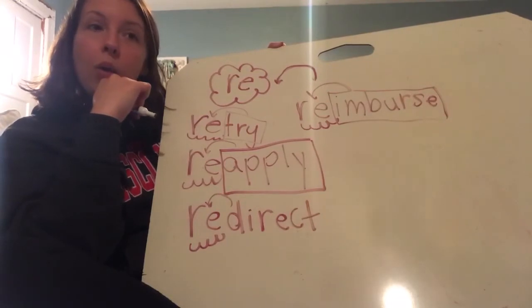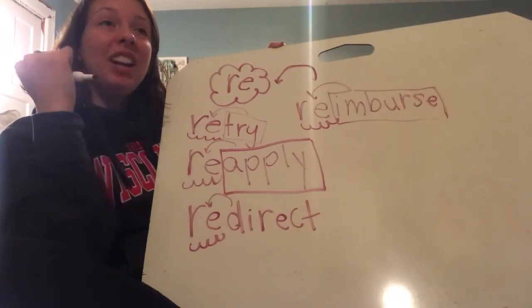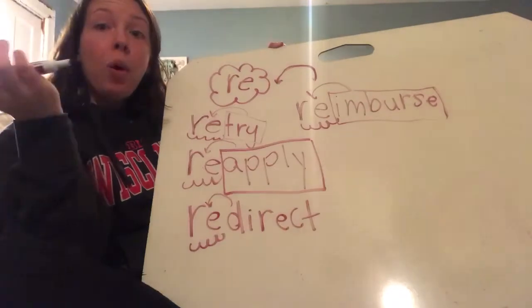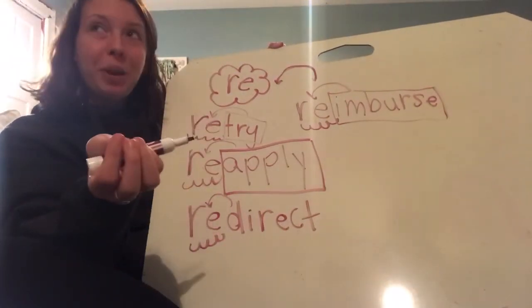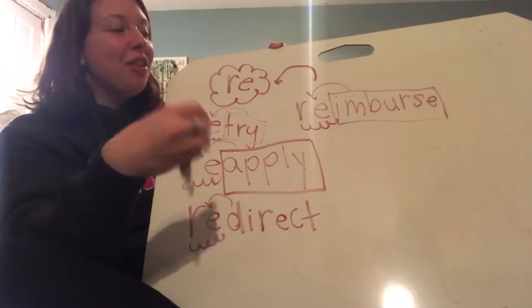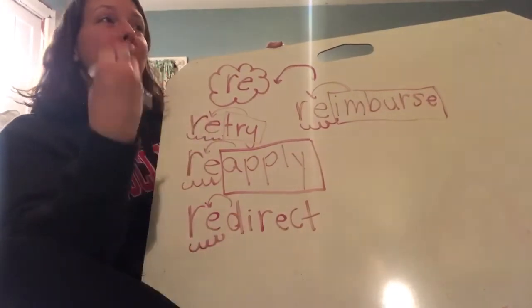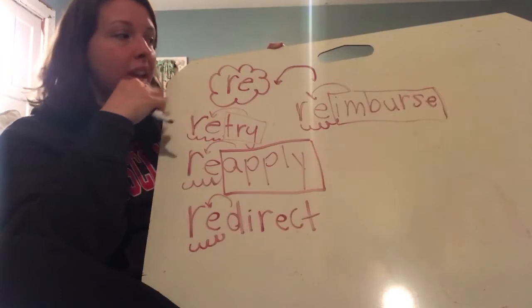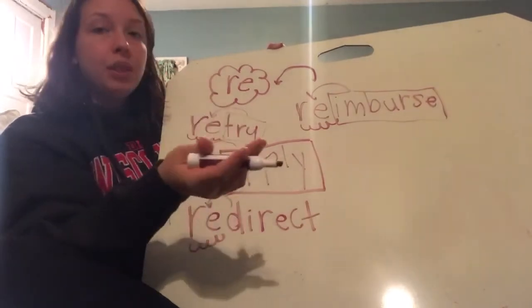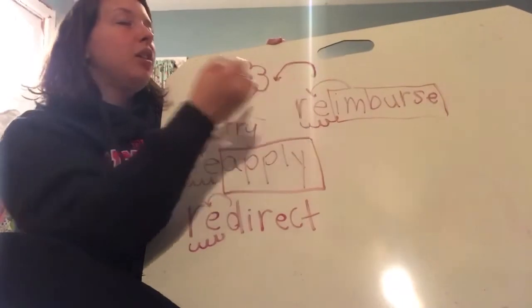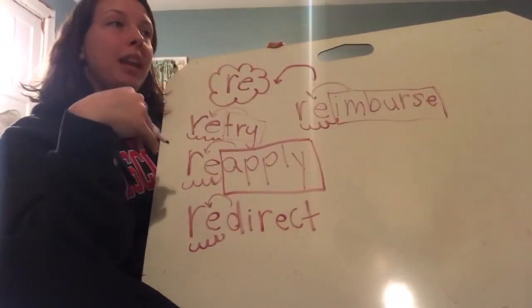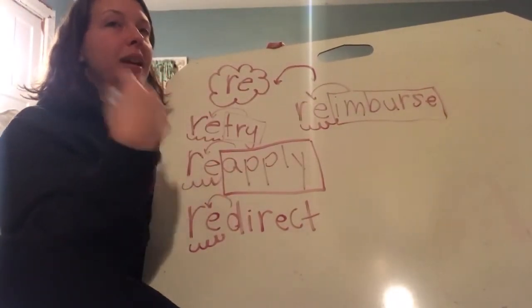Or maybe if you've ever gotten a toy from the store and it broke and you go to return it, they will have to reimburse you for the money. To reimburse means to give someone money again. So basically, my mom gave me the money to borrow, so I needed to reimburse her.